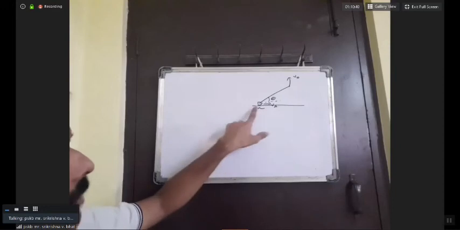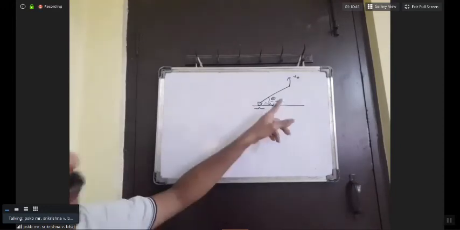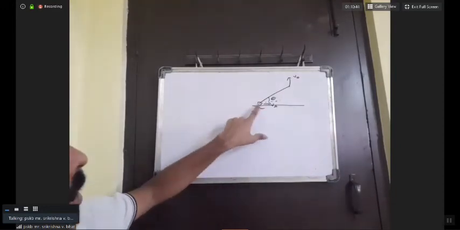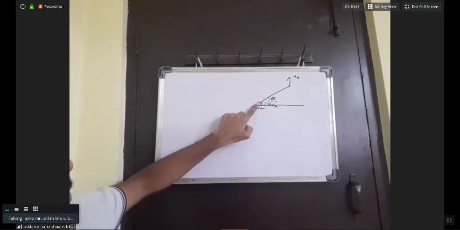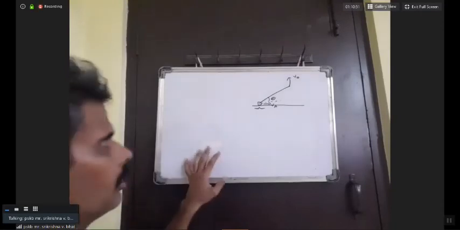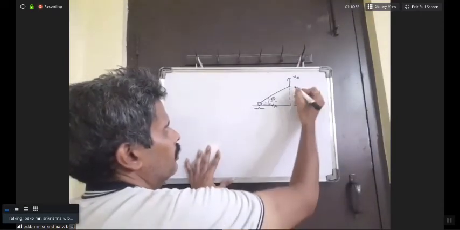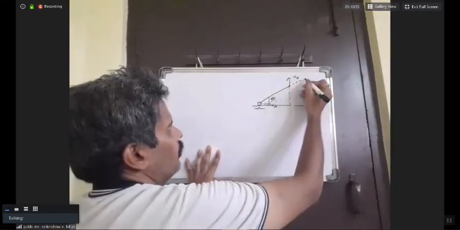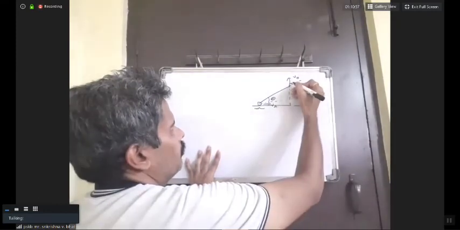Okay, so at some point of time, if I take velocity as Va here, we can find the relation between the velocity of this mass and this point by using the constraint relation. This angle is 90 minus theta.